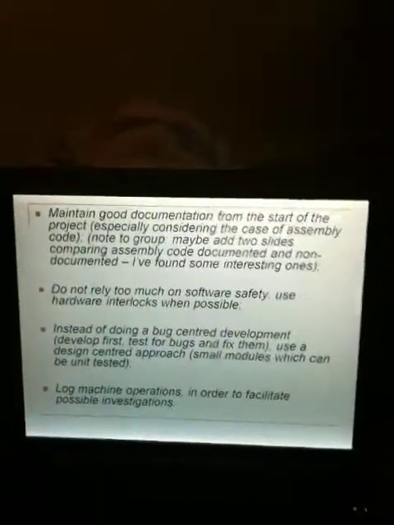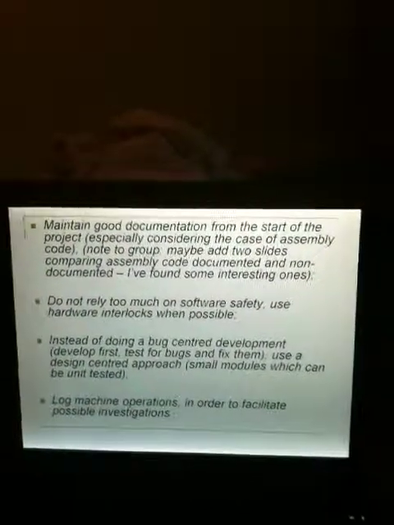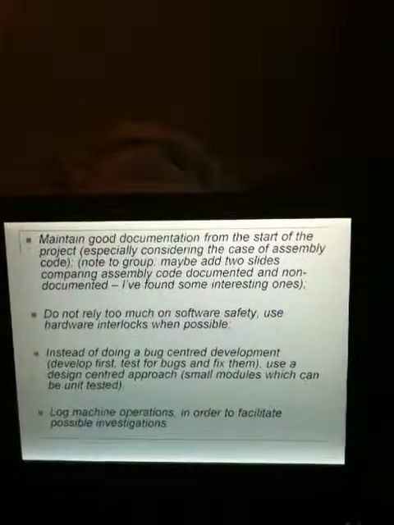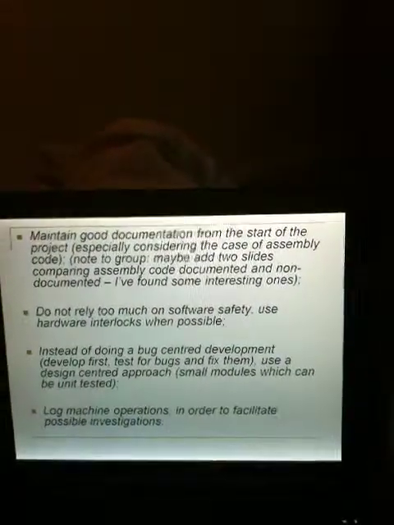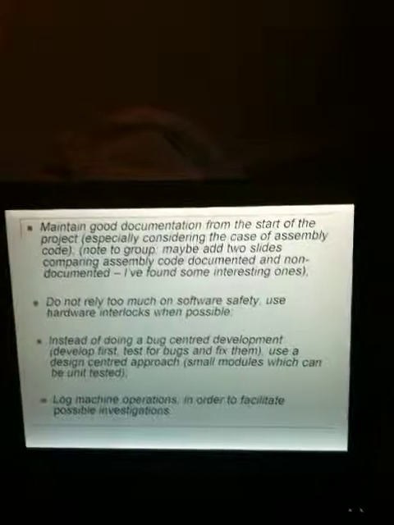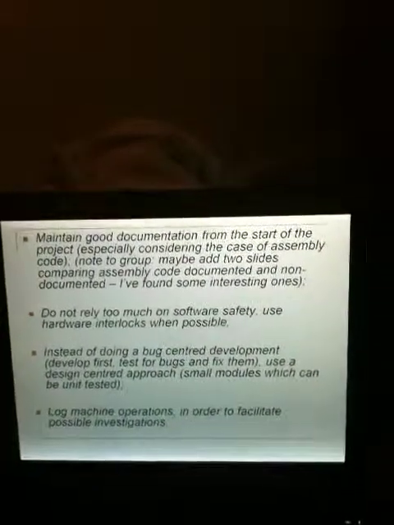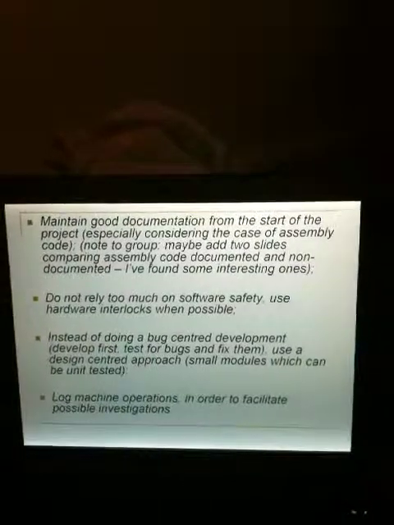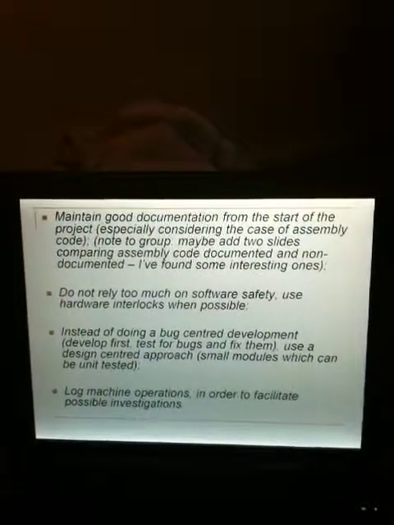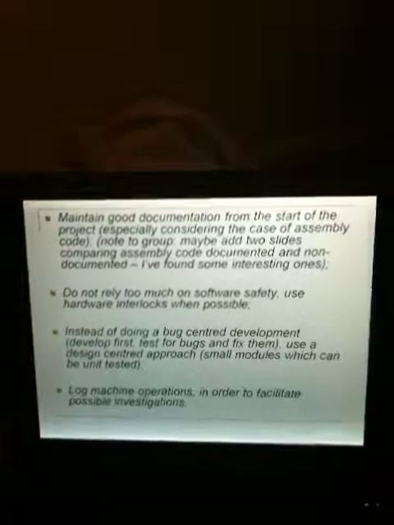Although we know that software is not prone to deteriorating over time, as hardware is, software is always more error prone than hardware, and also some redundancy on software security is always good.